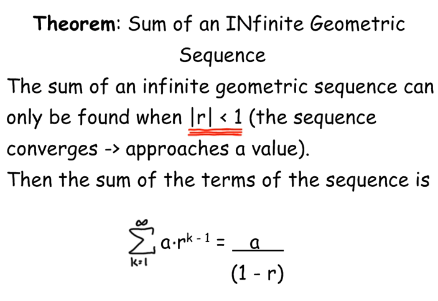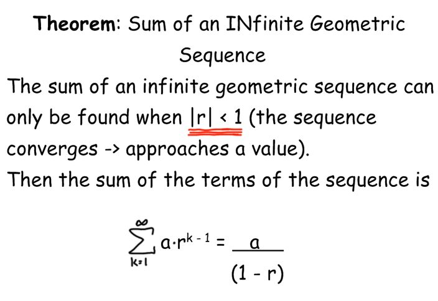All right, we got one more to look at, because if you'll notice, there are two equations for geometric series, and they say when r is greater than 1 and when the absolute value of r is less than 1. Okay, so when r is greater than 1, when the common ratio is bigger than 1, we say that that series diverges.